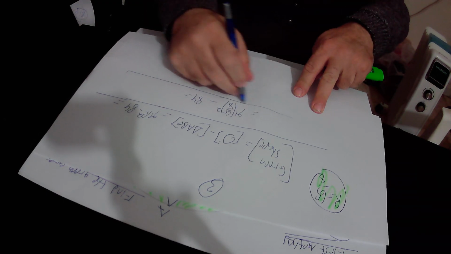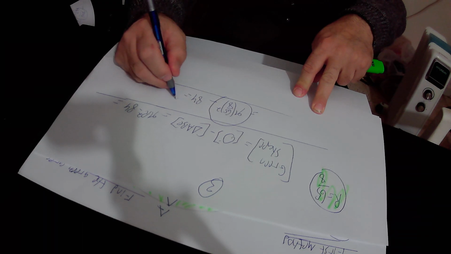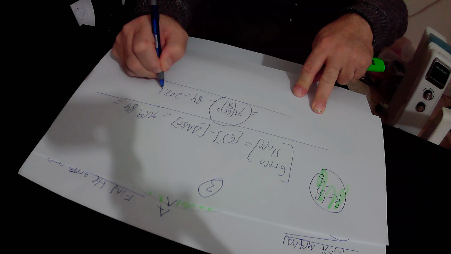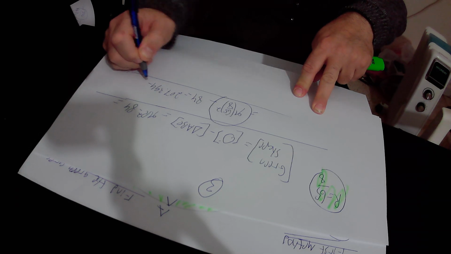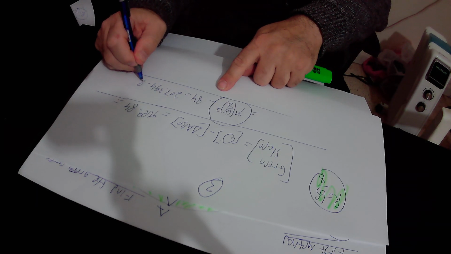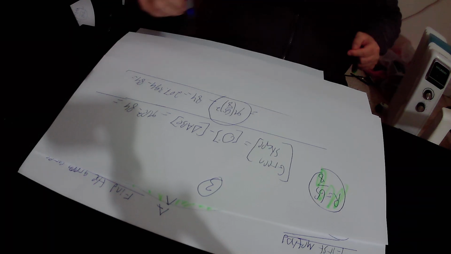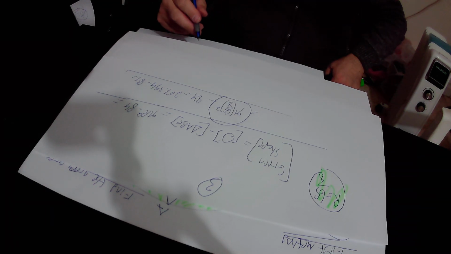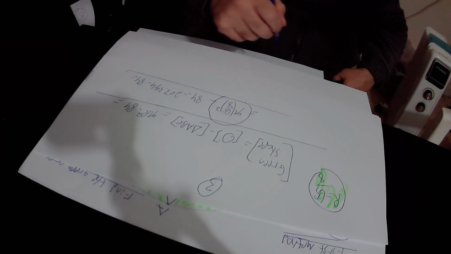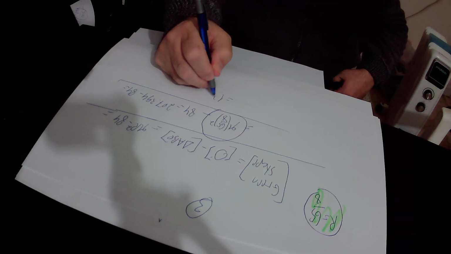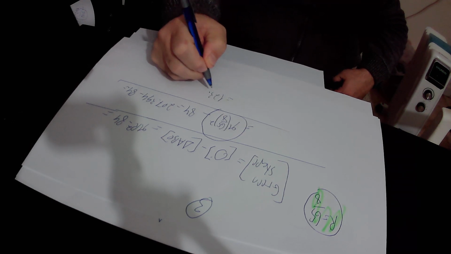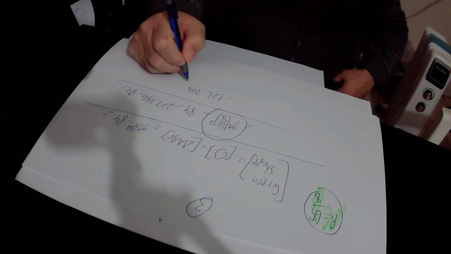In total, this expression equals 207.394 square units minus the area of triangle ABC, that is 84. So 207.394 minus 84 equals 123.394 square units.